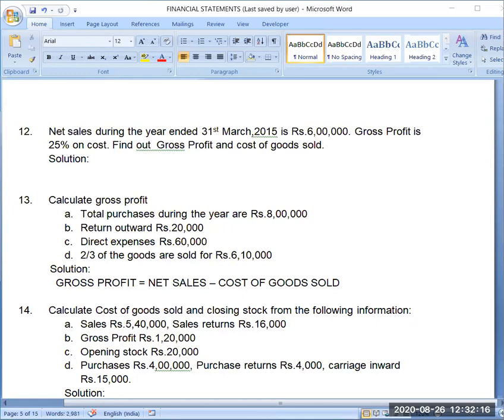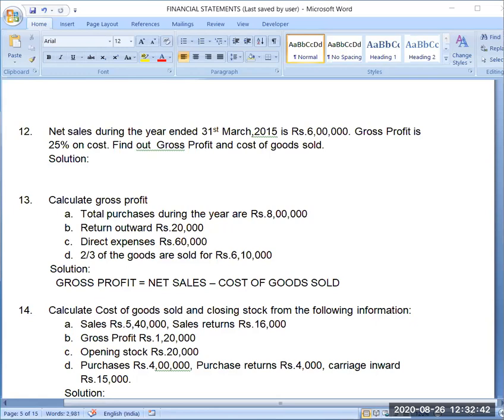It is giving you information that whatever the quantity of goods you were having, out of that 2 by 3rd part of the goods you have sold. First information is this. But ultimately it is the information for sales. How much is your sales? 6,10,000. Whatever the cost of the goods was, it has been sold for 6,10,000.